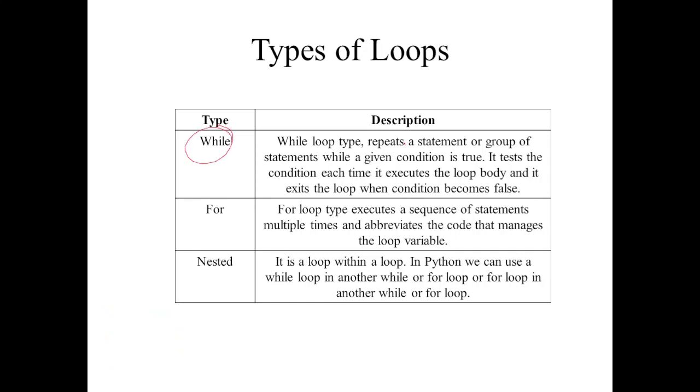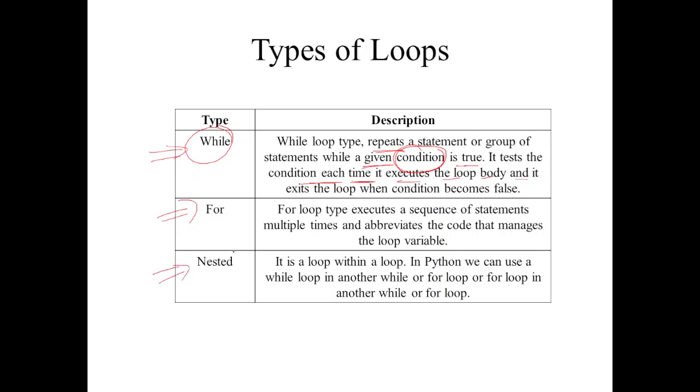A while loop is a type of loop which repeats with a specific number of iterations and a condition is given. Until the condition becomes false, this loop keeps on repeating, and the condition is checked each time the loop is executed. When the condition becomes false, the loop is terminated and the compiler moves out of the loop. A for loop has a fixed number of iterations and is terminated when the condition becomes false.